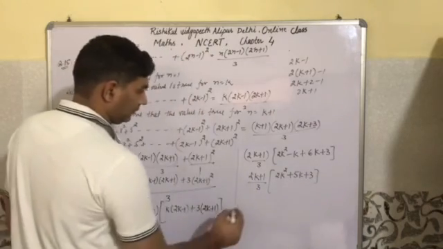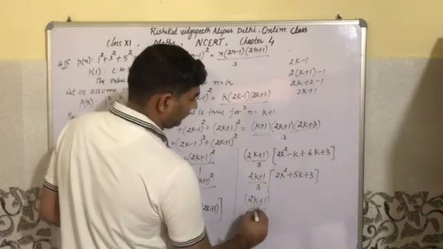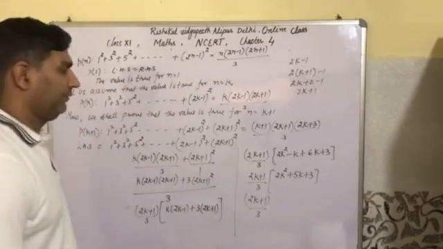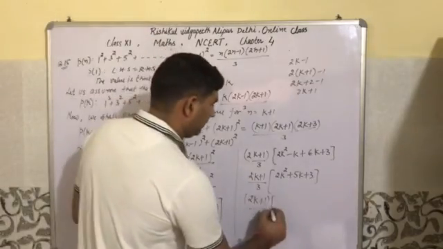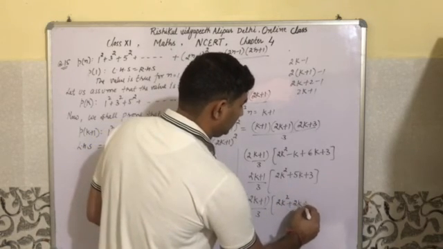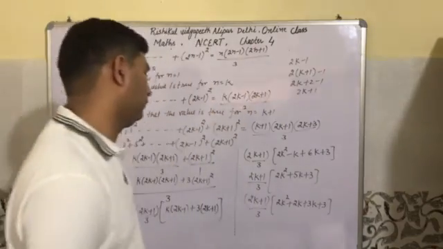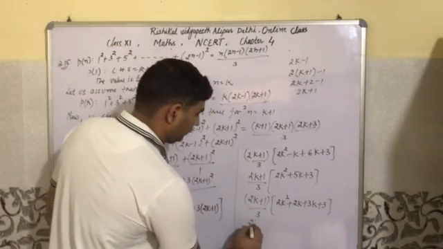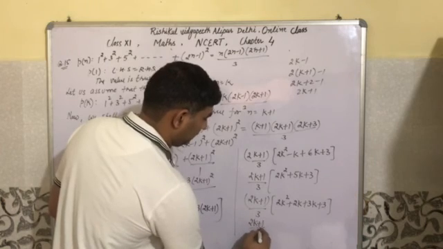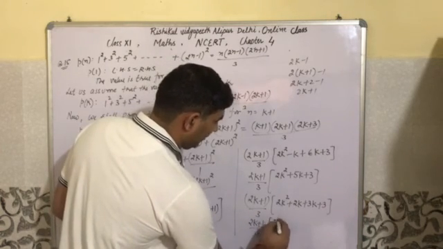Then solve this quadratic: 2 into 3 is 6, 3 plus 2 is 5, so 2k square plus 2k plus 3k plus 3, and then 2k plus 1 by 3.